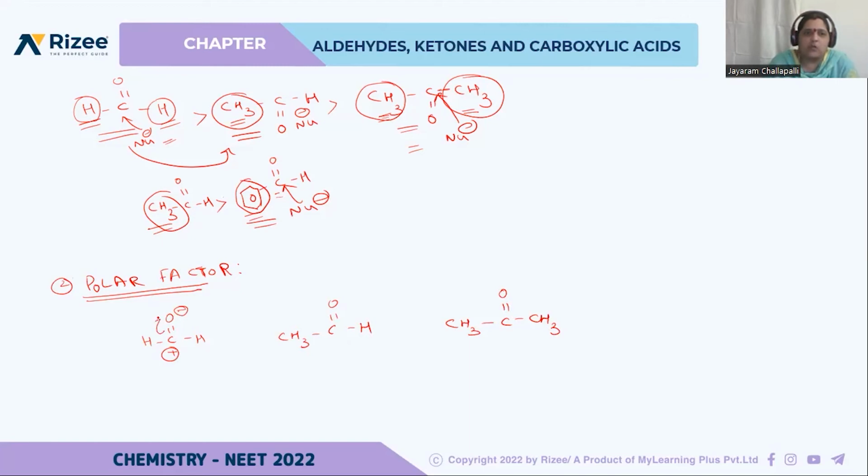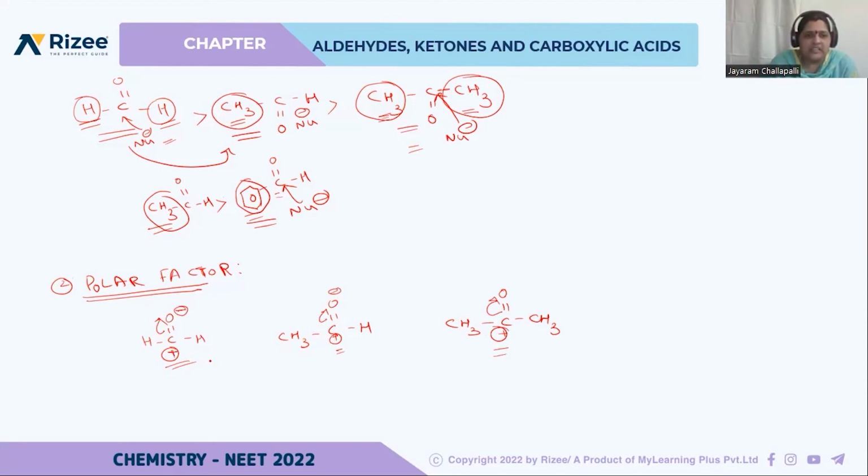So how does it happen? As oxygen is more electronegative, it attracts the electrons towards itself, attaining more partial negative charge, so that carbon gets the partial positive charge. Same in this case also. So in all these cases, carbon has a partial positive charge. So carbon requires electrons.